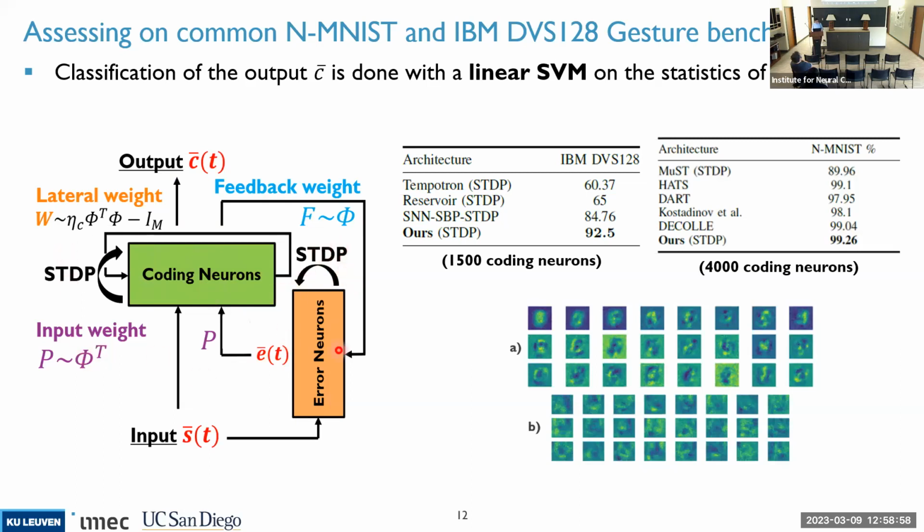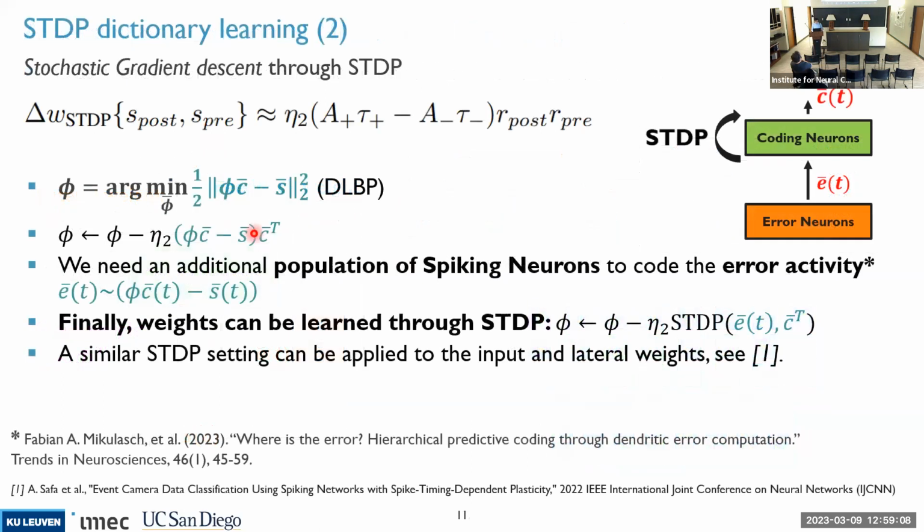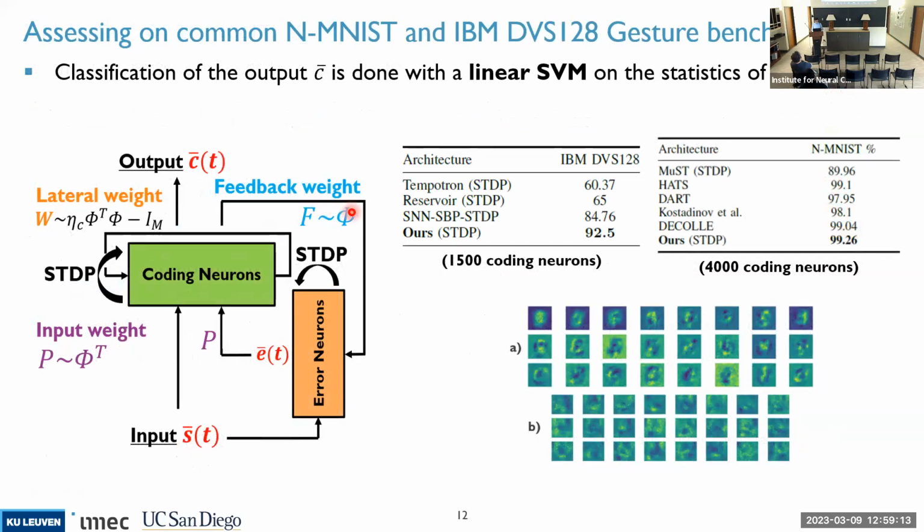For example, applying STDP between the output error and the C of the coding neurons will again give you the product between E and C, which we transpose manually. This is why F will be learned, and the coding neurons will learn the transposed weights. So there is some symmetry in the weights.